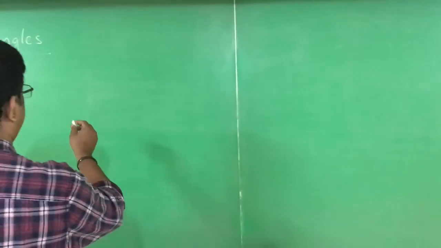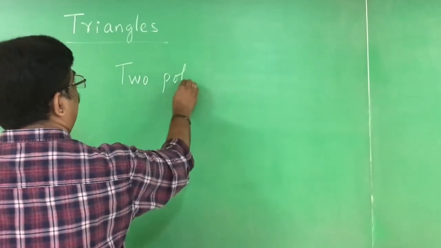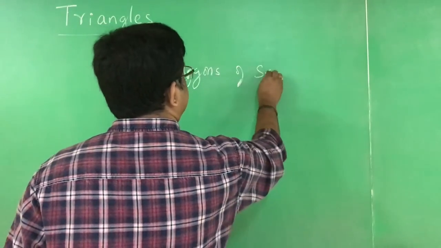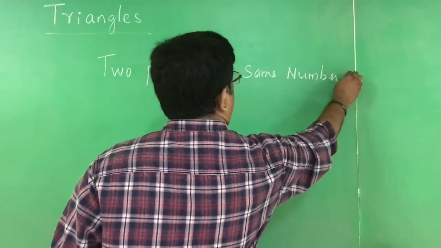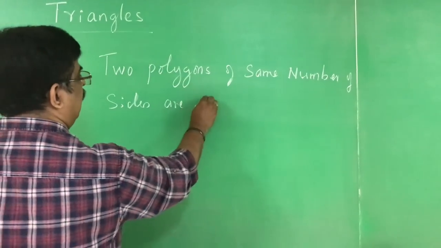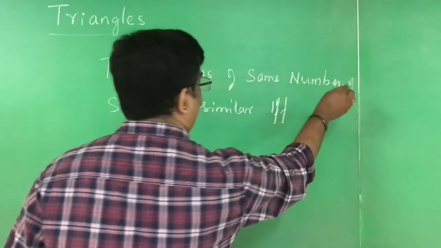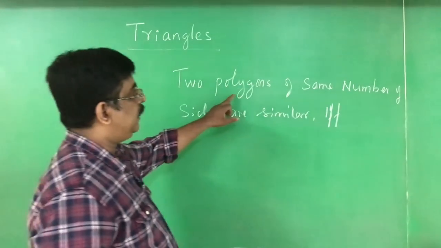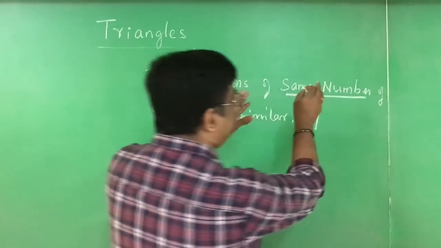What they tell is, two polygons of the same number of sides are similar if and only if... Two polygons of the same number of sides, you have to give emphasis to this particular part.